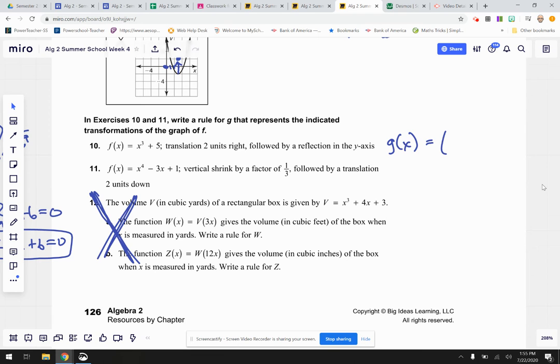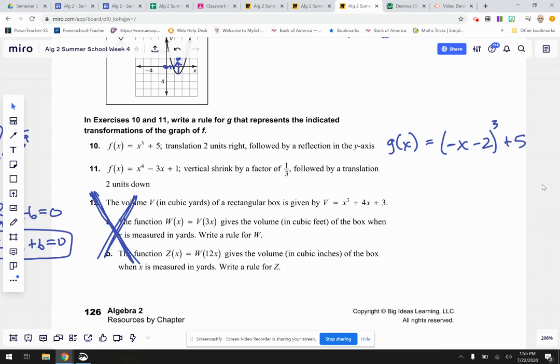And it also says 2 to the right. So 2 units to the right is going to be a minus 2 and cubed. And you need to just keep your plus 5 there because that was already there. So the reflection in the y-axis is the negative in front of the x. The 2 to the right is a minus 2 next to the x, and then you do your cubed, and then your plus 5.